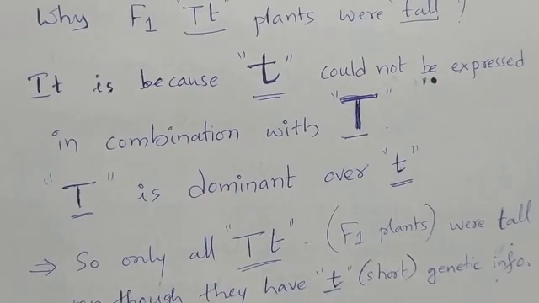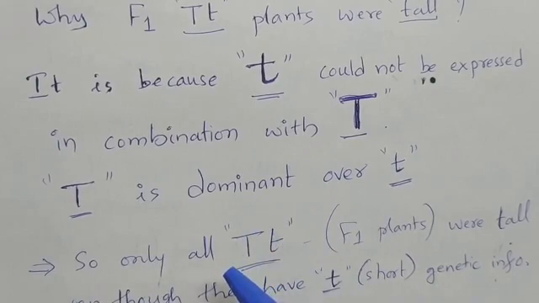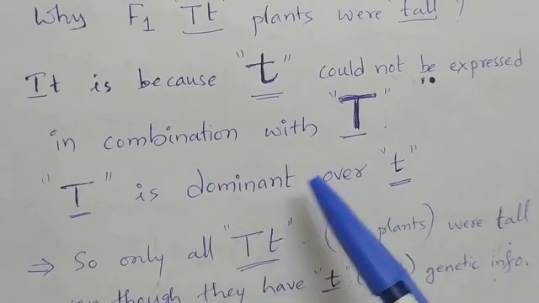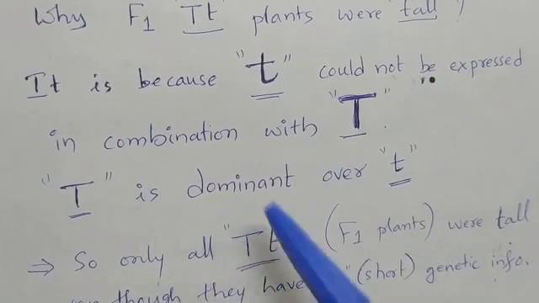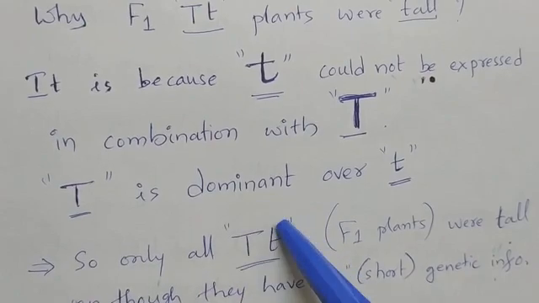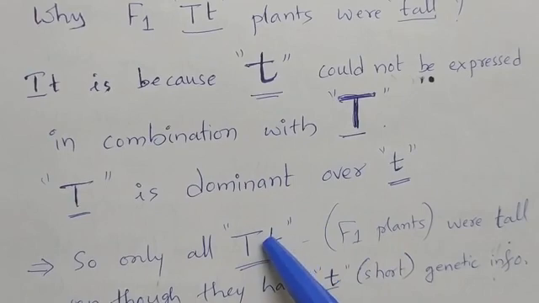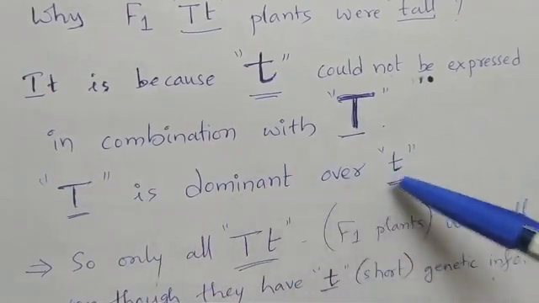But when you and a friend of different opinion are together, and you could not express your opinion or even half of it, and only your friend is able to express his full opinion, what do you feel? He is dominating over you, right? So same thing here, capital T is dominant over small t.